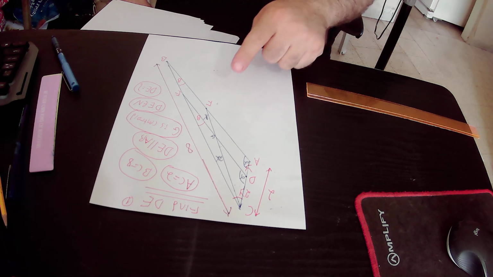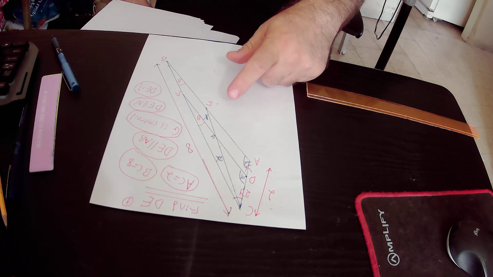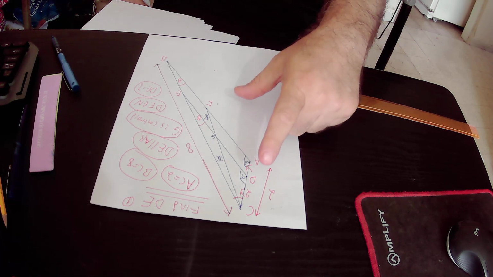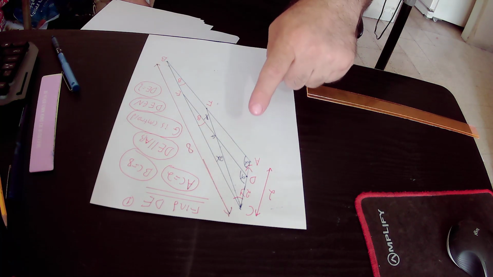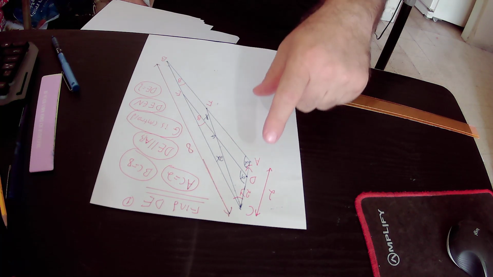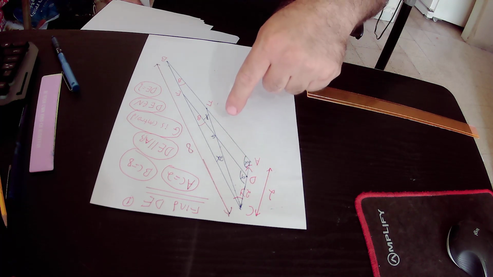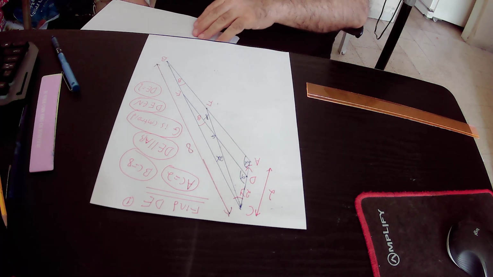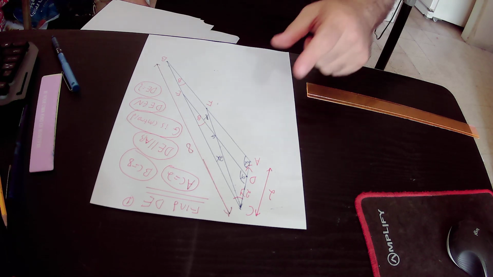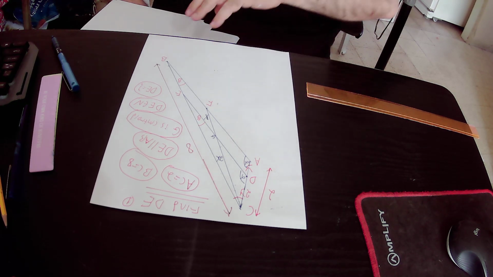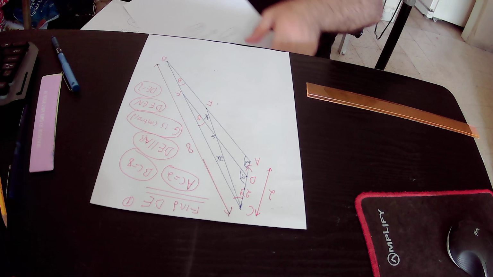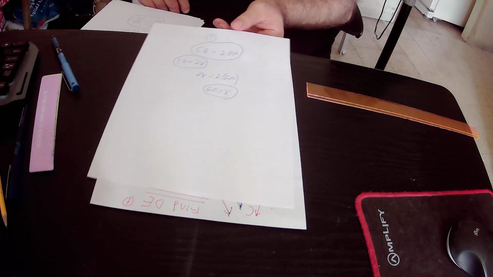Therefore, the centroid G divides the median CF in a ratio of 2 to 1. That is to say, if CG equals 2 units, then GF will be equal to 1 unit. Or, in other words, CG equals 2 times GF.